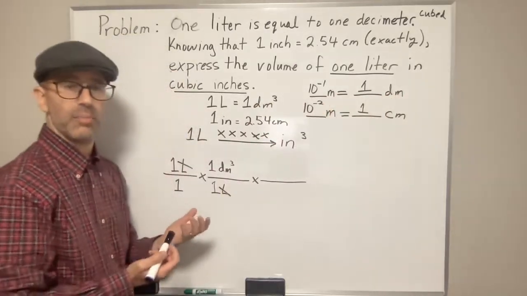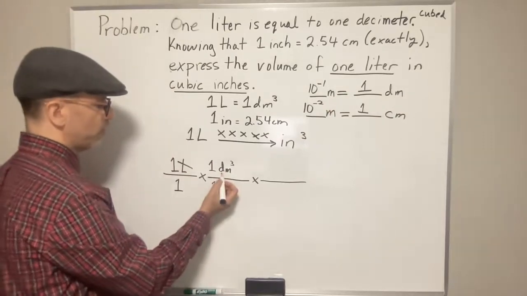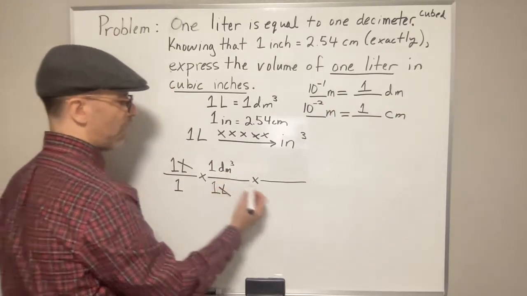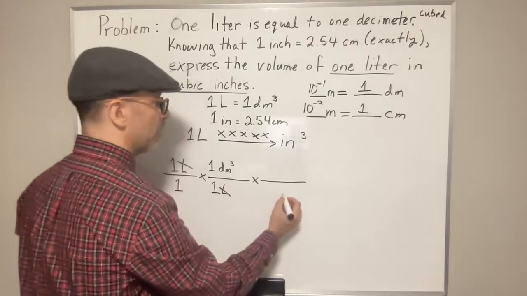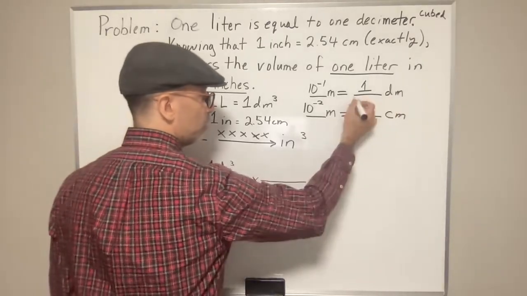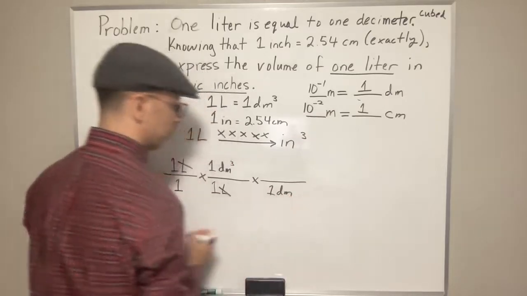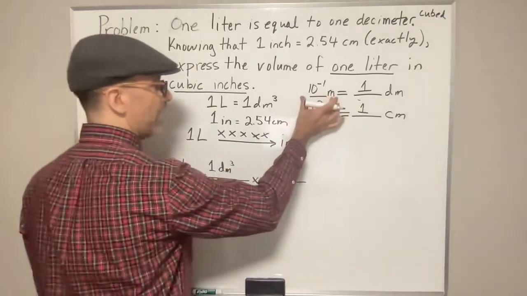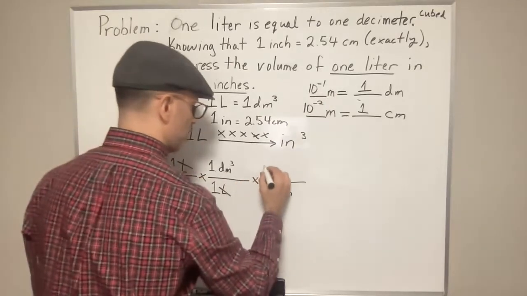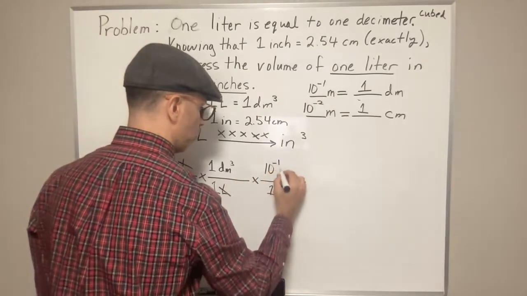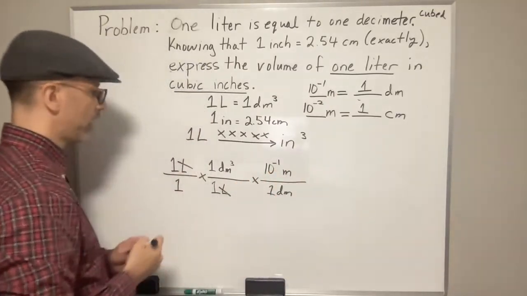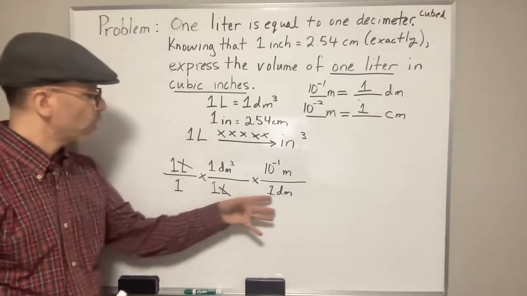So I can set it up that way to start. So 1 decimeter goes on the bottom, and then the other side, 10 to the negative 1 meters, goes on top. Okay, great. So we're on our way.